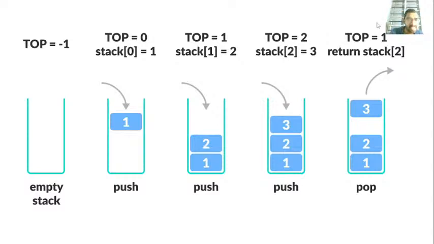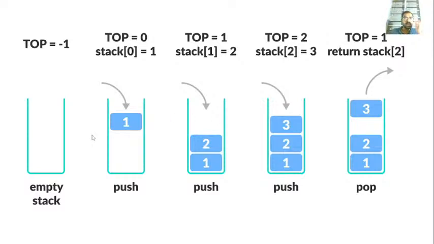I hope you can easily understand what a top is. The top is nothing but an indicator. The top denotes how many elements have been added. Mathematically, the top is equal to n minus 1. I hope you can easily understand.